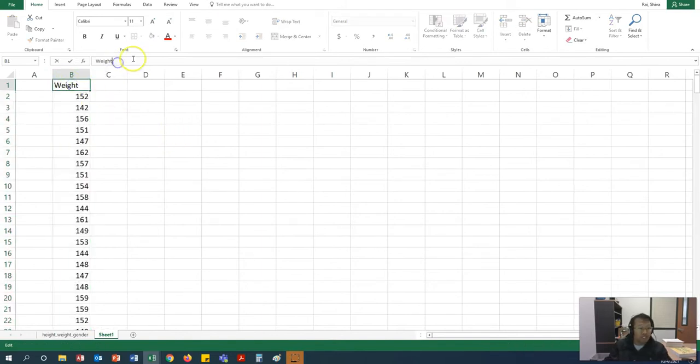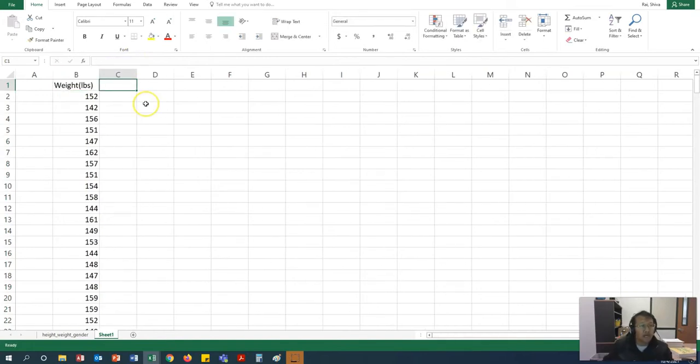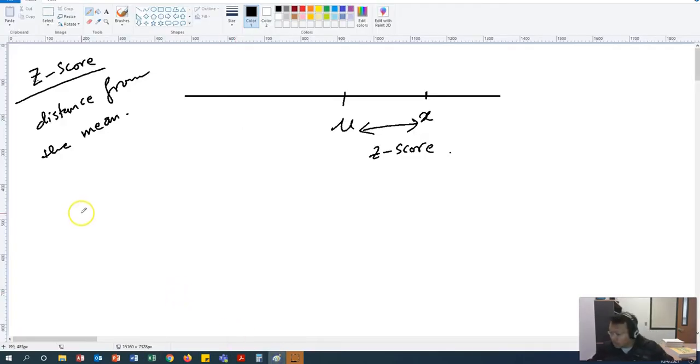So weight is in terms of pounds. Now here I would first want to go for the z-score. So let me write down z-score for this one, and I will use the traditional formula for z-score, which is z equals x minus mu divided by the standard deviation.